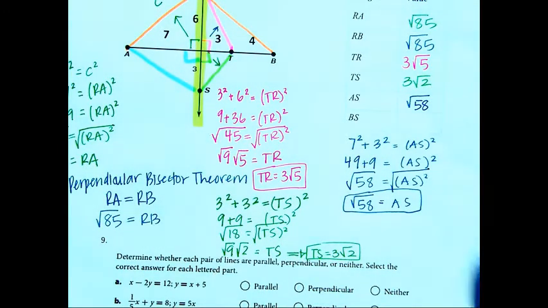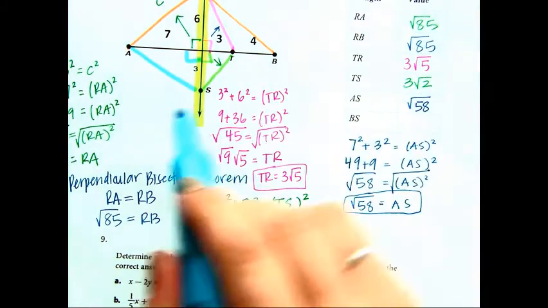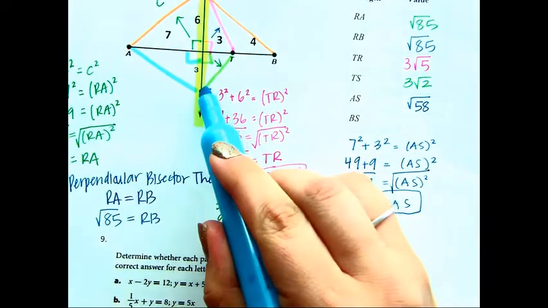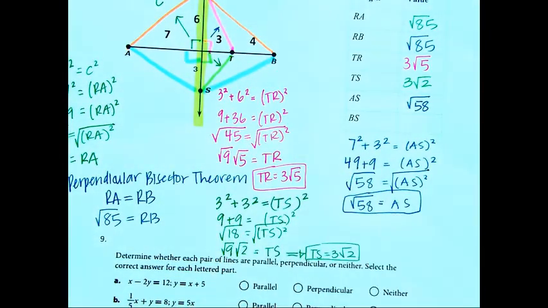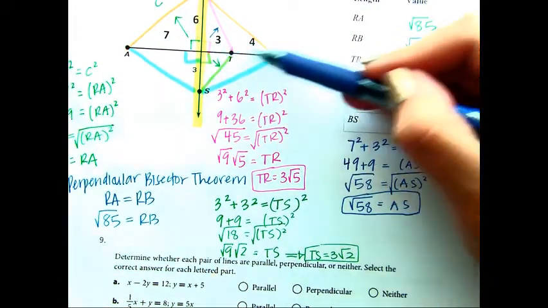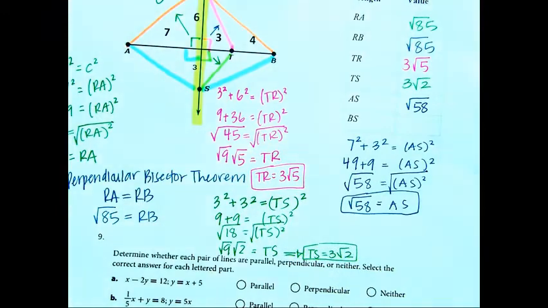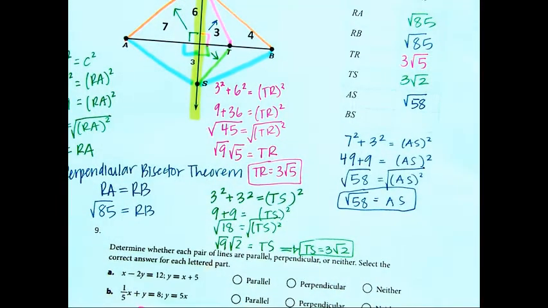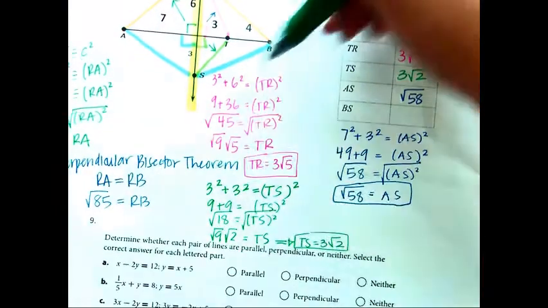And the last one, BS. BS is also, I'm going to make that blue as well because one of the legs is 3 and the other is 3 plus 4, which is the one we just did. By the perpendicular bisector theorem, I know that AS and BS are equal to each other.